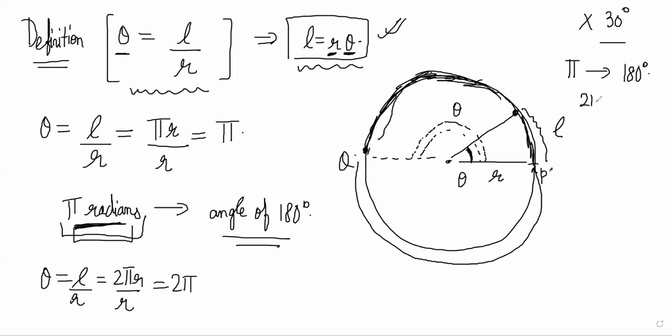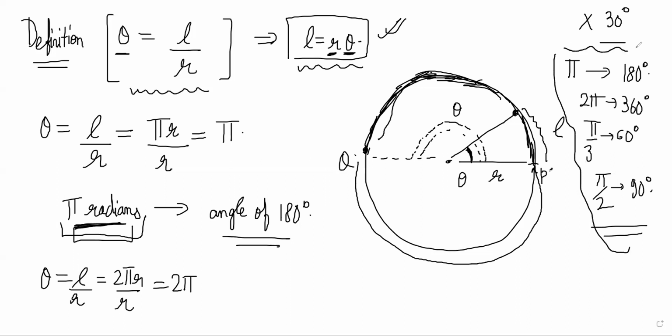So obviously 2 pi is 360 degrees, pi by 3 is 60 degrees, and pi by 2 is 90 degrees. You just need to convert. All of these things will become pretty normal to you. You just need to get used to it. You have to use it enough number of times and it will become normal.